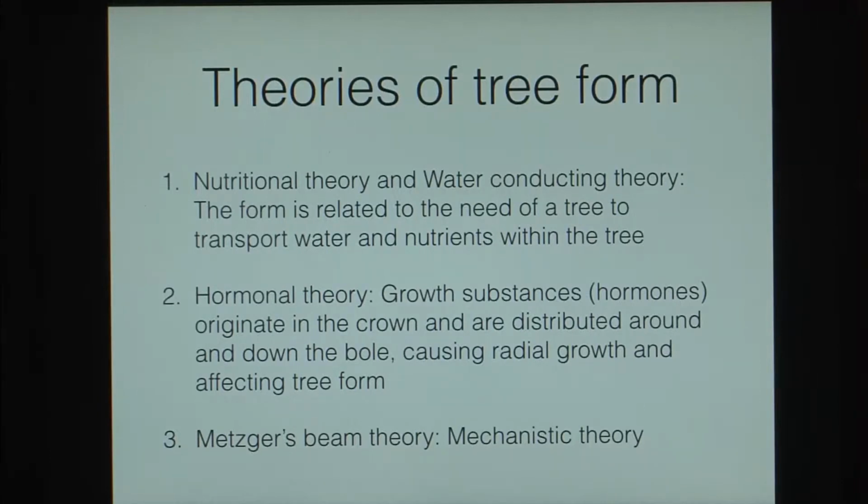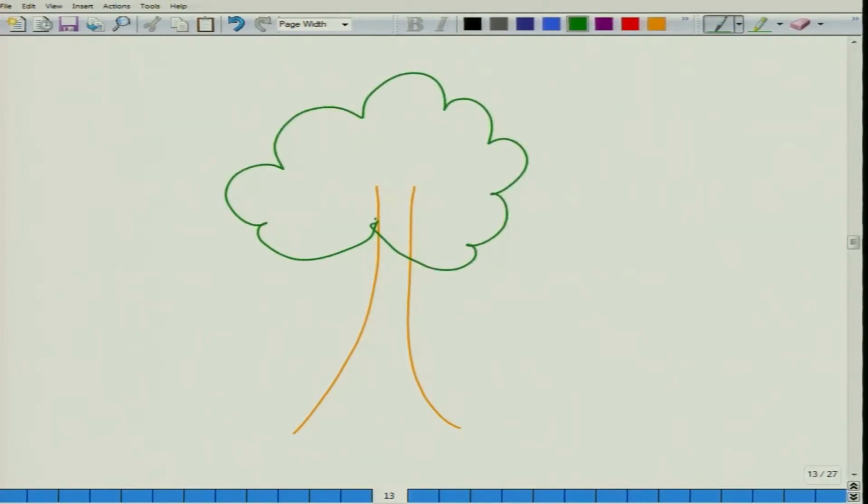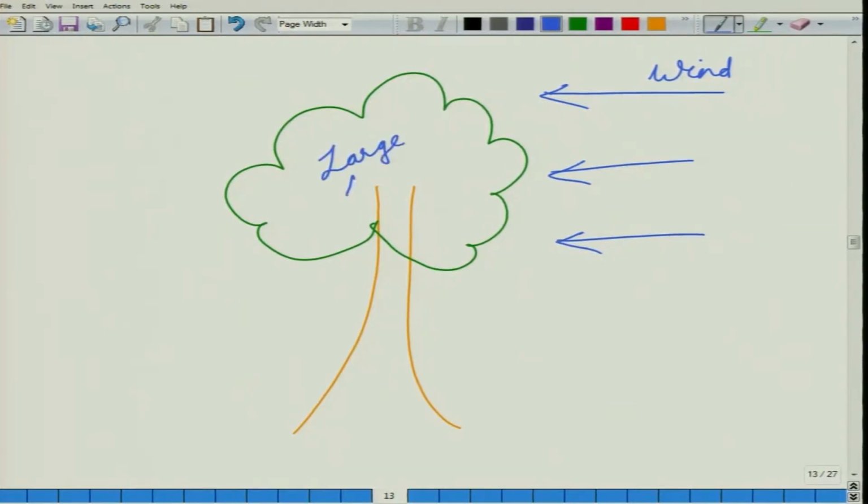We will come to it in a later lecture, but essentially what it states is that if you consider a tree standing on the ground, it will be facing wind pressure. Because the canopy has a very large surface area, most of this wind pressure would result in a force acting on the canopy, say on the center of the canopy.